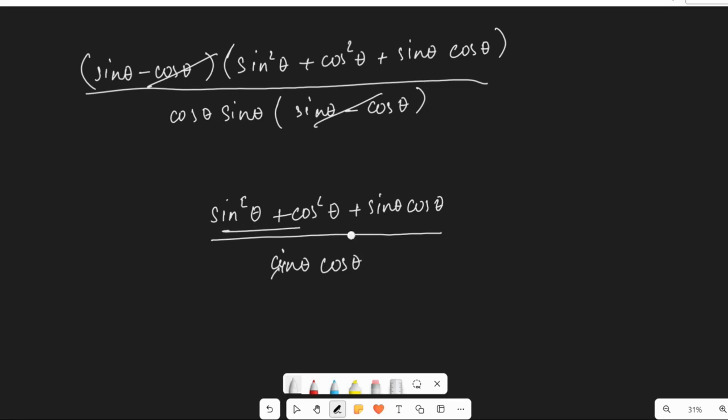And we know that sine square theta plus cos square theta is equal to 1.